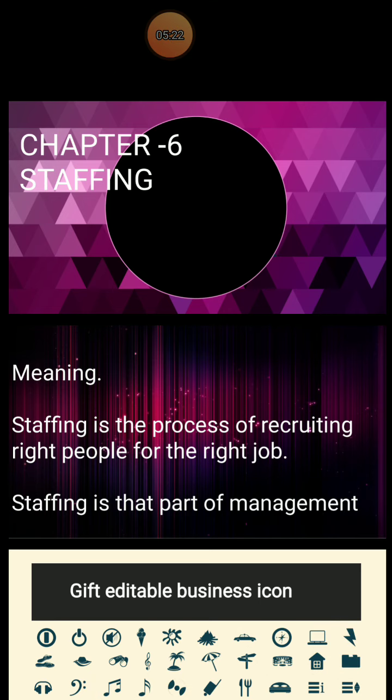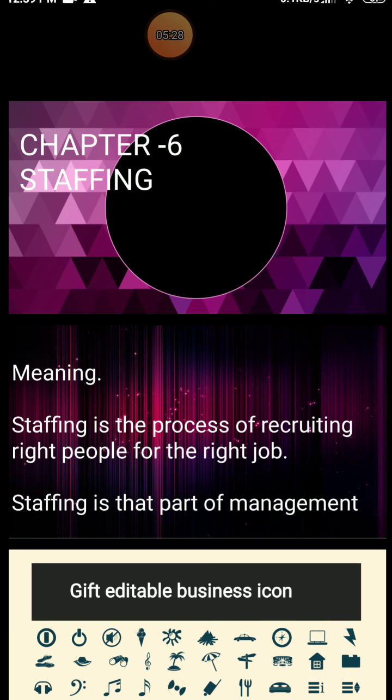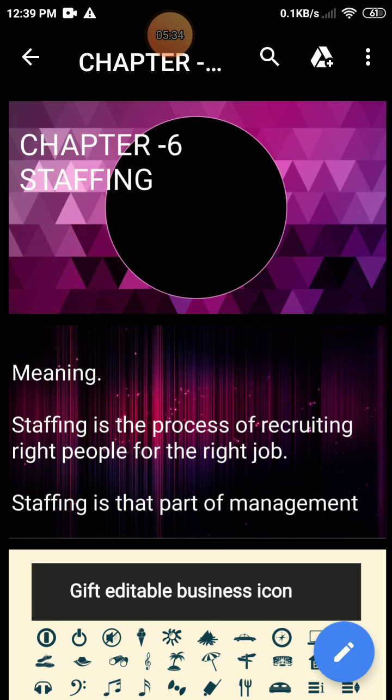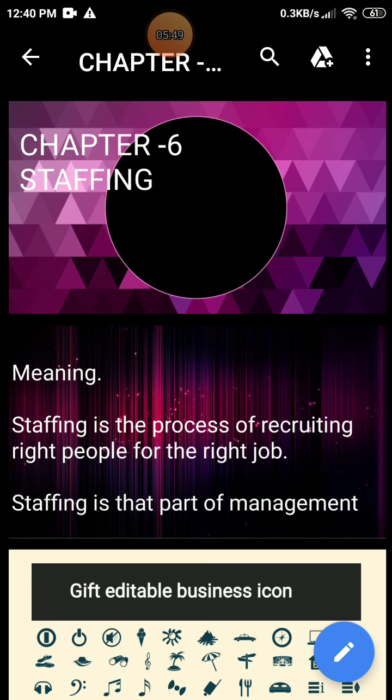Take one department, for example the sales department: if the manager himself is not dedicated and honest, the assistants and subordinates working under that manager will be influenced in a very bad and negative way, and they cannot give complete effort to the business organization.